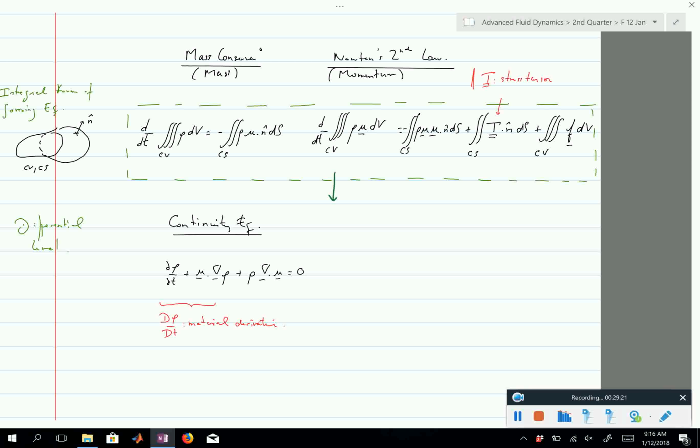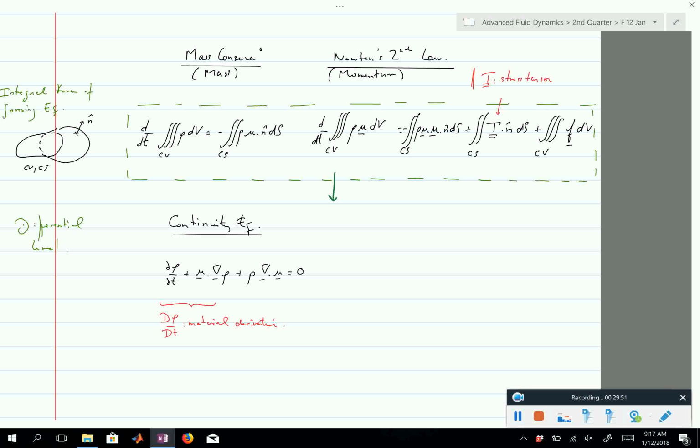This is what you've been doing in high school. When you impose Newton's second law on an object which you throw, you impose it on a material piece. You follow that piece of material, which has a certain mass, certain properties, density, and everything, and you impose Newton's second law on this piece. If you're looking at a fluid, it's also most natural to impose the conservation laws on a piece of mass which you follow, except that the coordinate system then is very complicated.